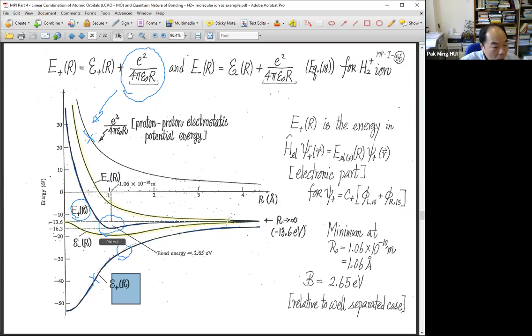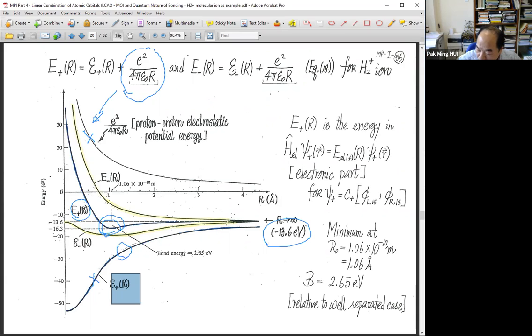How wonderful, okay? We see that there is a minimum and the reference energy is minus 13.6 eV, okay? It is referring to two cases, linear combination actually. The electron goes to this side with a lonely proton, the electron goes to this side with a lonely proton, okay? If you use that combination in the Hamiltonian, you will get this eigenvalue. But you see there is a not very profound minimum, but there is a minimum.